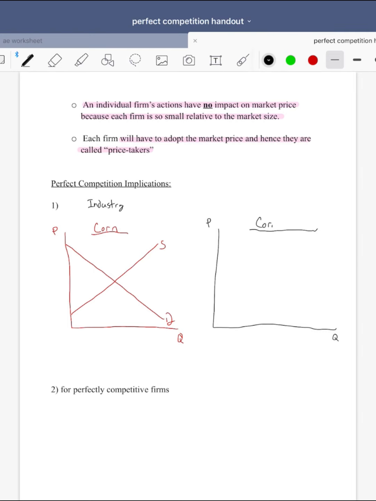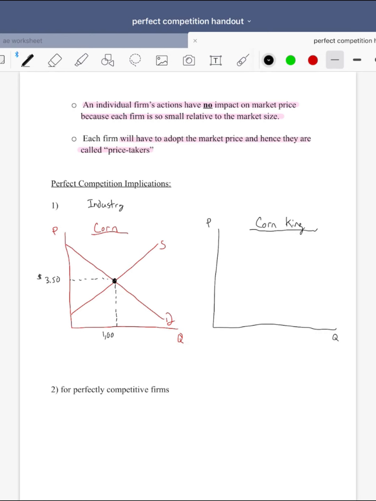Now we're going to be looking at the industry, and then we're going to look at an individual firm. So let's say that this graph here on the left is going to represent the industry for corn, and this one on the right is going to represent an individual firm.